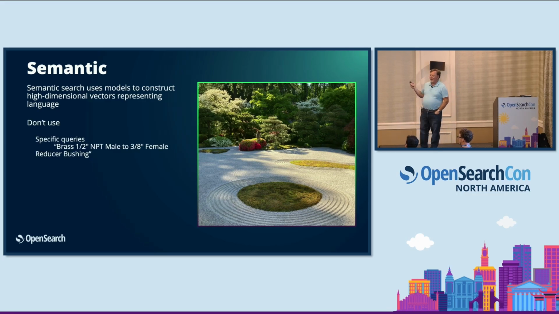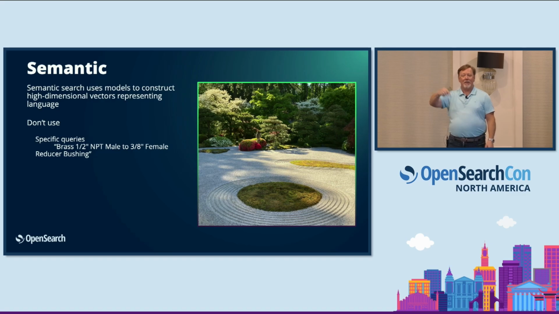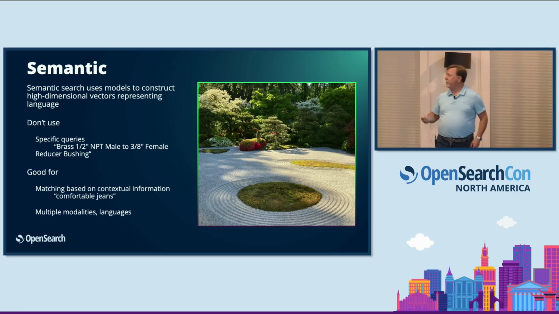So semantic search is really not good at very specific queries. Like if I'm talking about a brass half-inch NPT male to 3/8" female bushing, and I know that's exactly what I want, semantic search is the wrong tool for this, because semantic search is trying to abstract some meaning. I don't mean anything except that specific thing. And so I should use lexical search and matching.